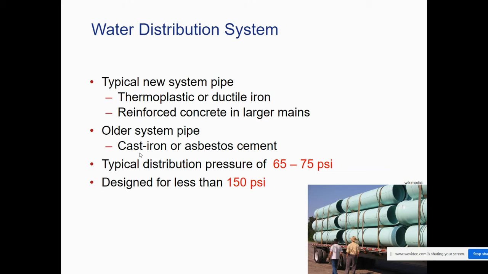Cast iron is not so detrimental to health, but there are issues around corrosion inside the pipe, and you get rust that causes lots of clogs. And then asbestos cement, obviously the asbestos you don't like.